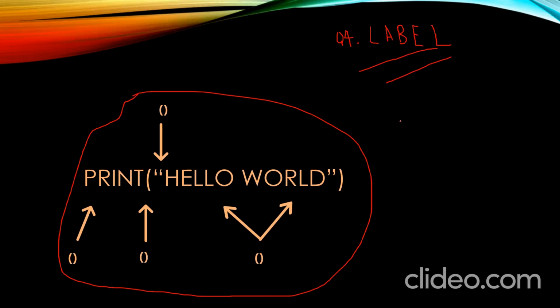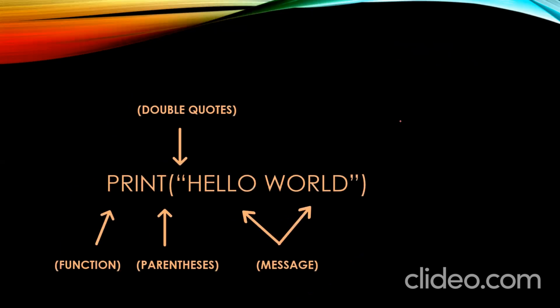Think and discuss. 1, 2, 3, 4, and 5. So the answer is this. These are the double quotation marks. Okay. This is the function.